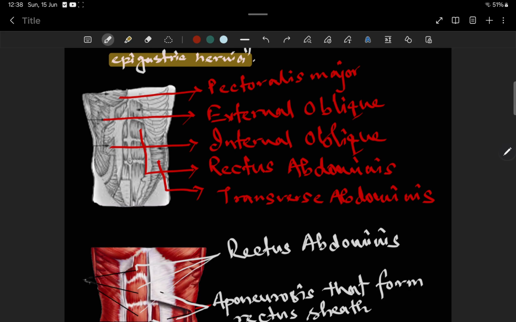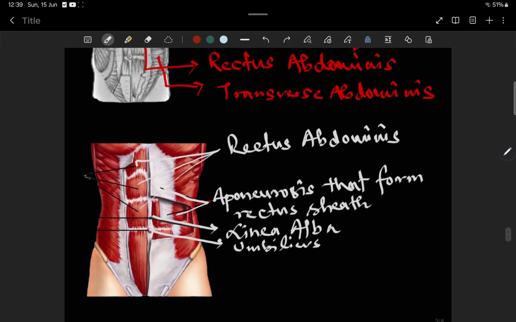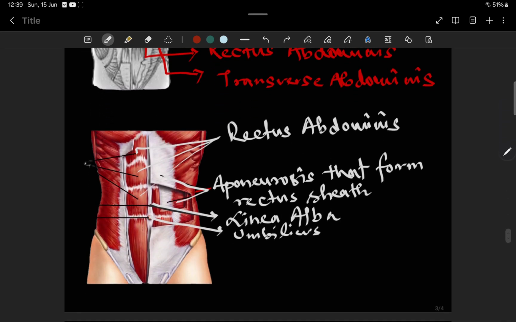So next we are going to study. So this is the pectoralis major muscle. This is external oblique muscle. This is internal oblique, and this muscle is the rectus abdominis muscle. This one is the transversus abdominis muscle. Okay. So in this picture, this is the linea alba.